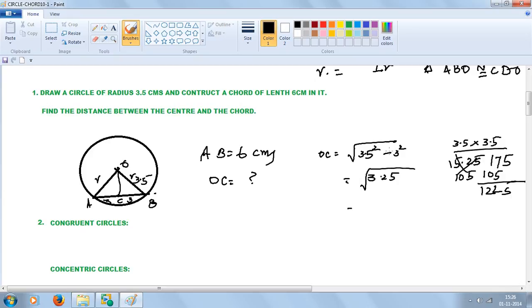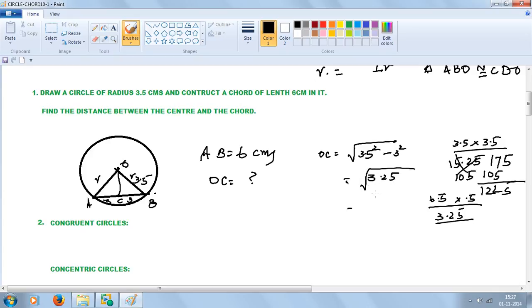So this is a square minus b square. We can use the formula, it is equal to a plus b into a minus b. A plus b is 6.5, a minus b is 0.5. If we multiply, it is 3.25.